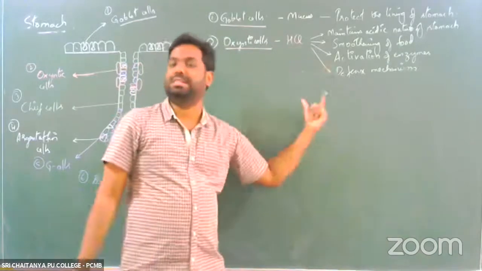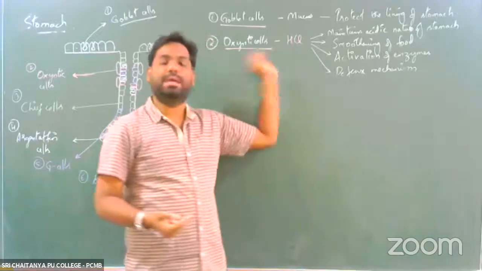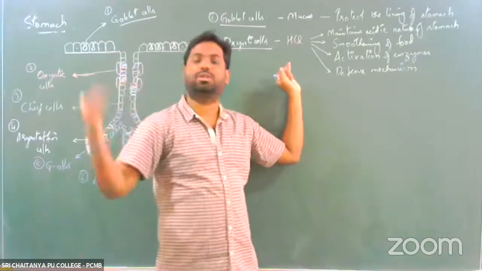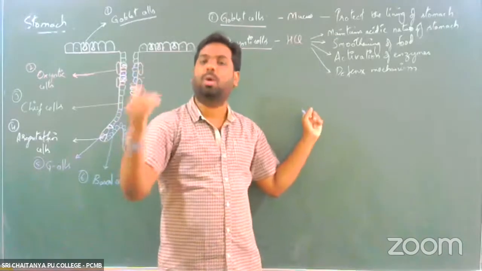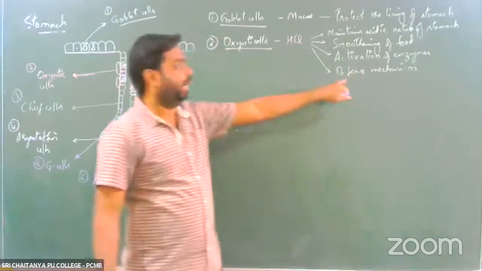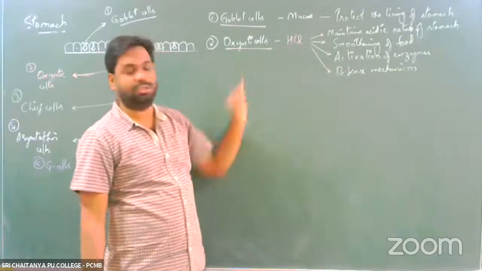Upon the action of HCl, the microorganisms will not be able to survive. HCl brings about the destruction of those microorganisms which enter the stomach along with the food that we eat. Therefore, it plays a major role in defense mechanism. So we have seen four functions with regards to HCl.